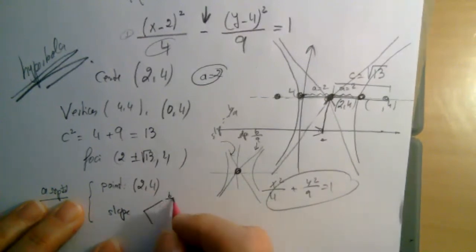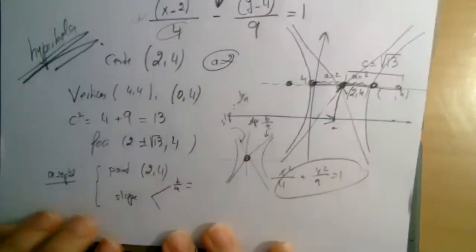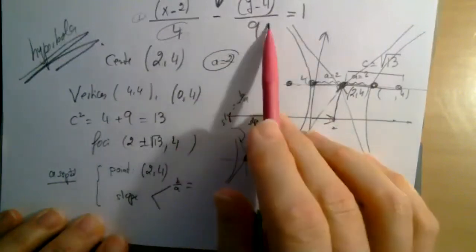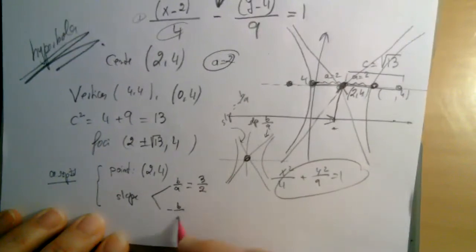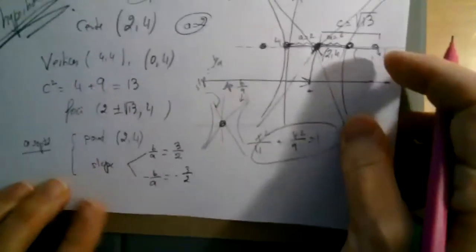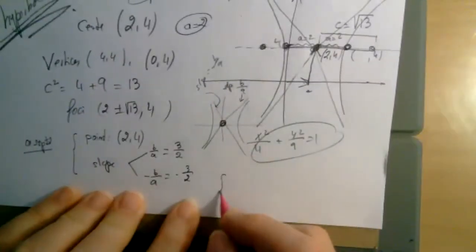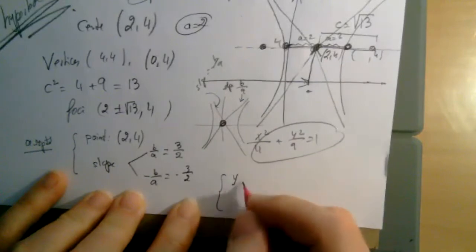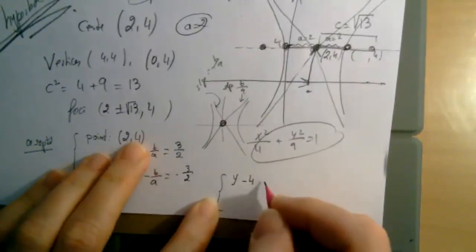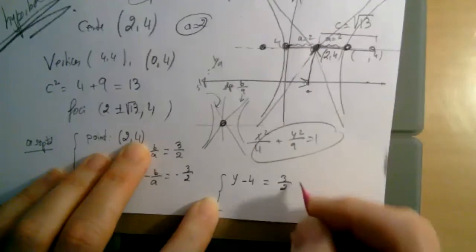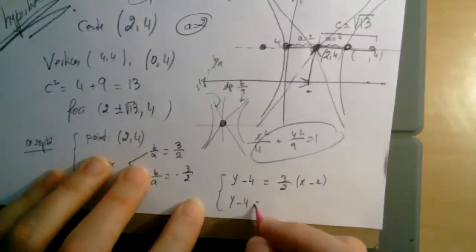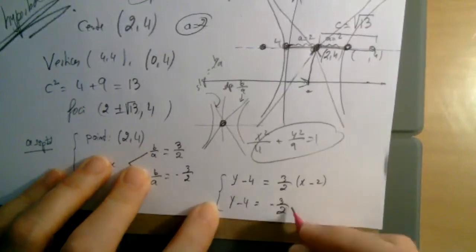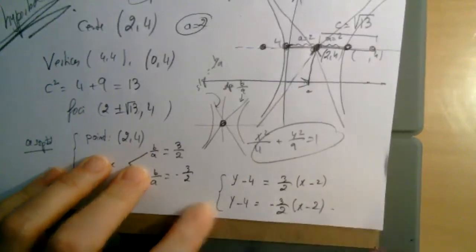One is b over a, that's the slope, and my b is 3 in this problem. My a is 2. And the other one is minus b over a, which is minus 3/2. So the equation, we will use the point slope form: y minus 4, that's the y, is 3/2 times x minus 2. And the other one is almost the same, but it's minus 3/2 times x minus 2. Okay.